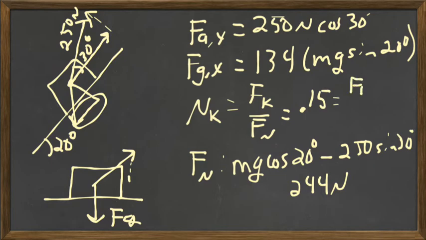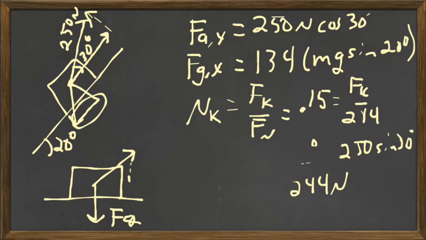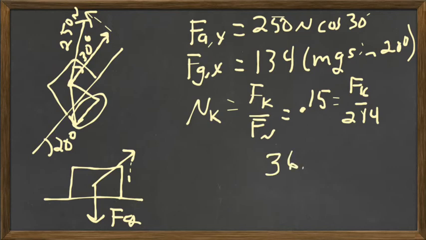Force of friction divided by my 244. And I wind up getting 36.6 newtons as my oppositional force to the motion of the object. Took a little step or two, but we got there.